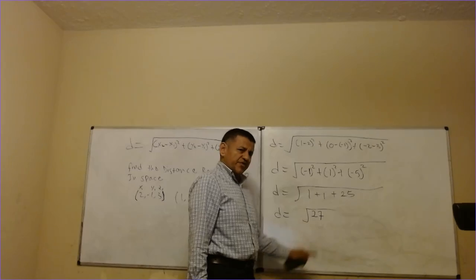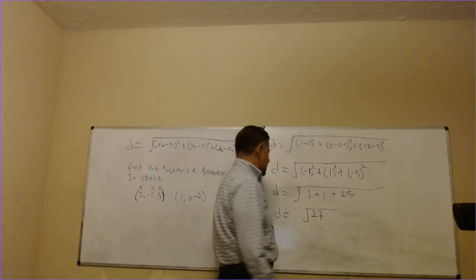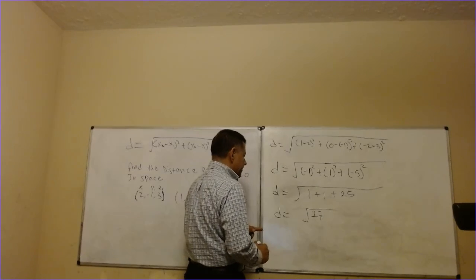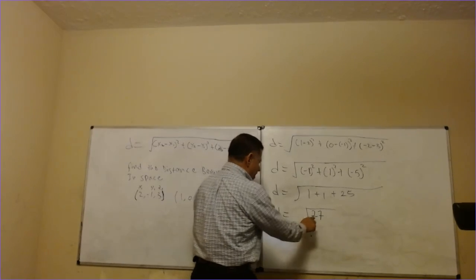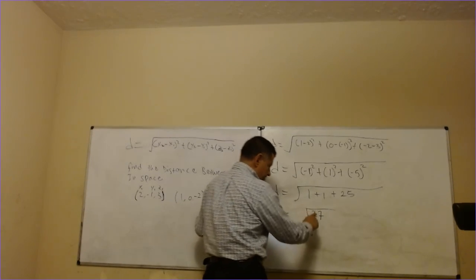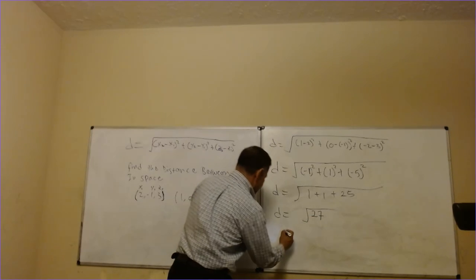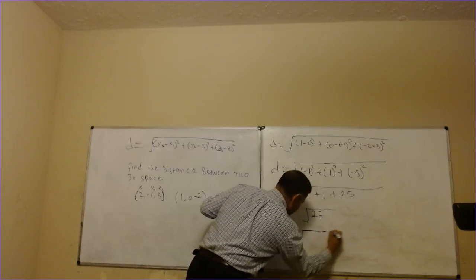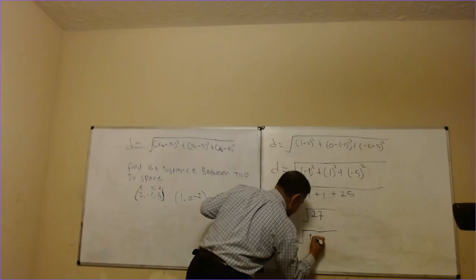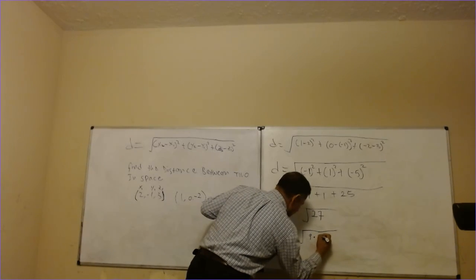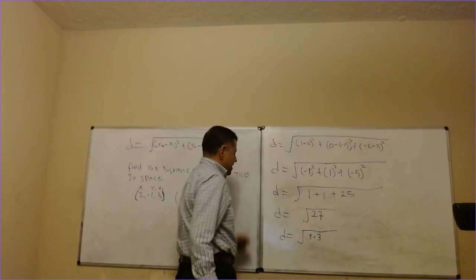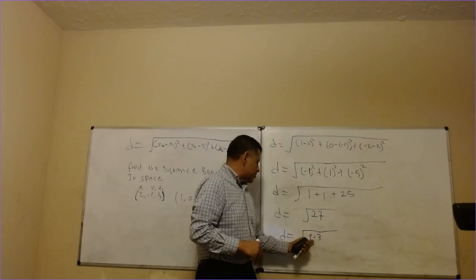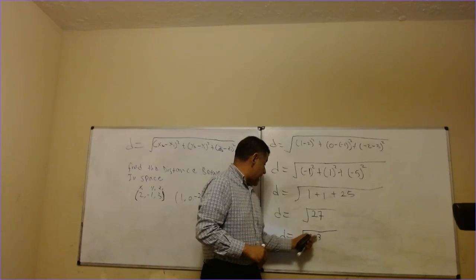But look at this number right here. What could I do with this 27? I can factor out a 9, because 9 times 3 is equal to 27. So D is equal to the square root of 9 times 3. All I did is factor out the 9, so I broke 27 into factors, 9 times 3.